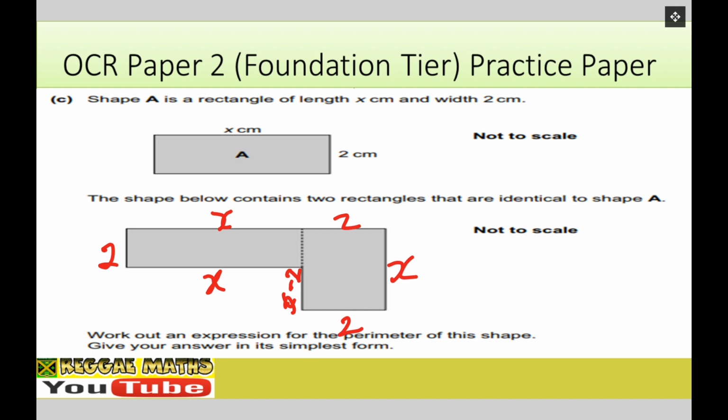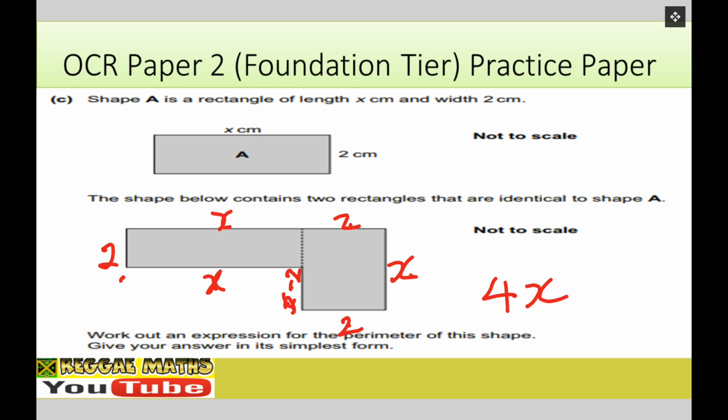So let's just collect all the terms now. We collect all the x's. So we have 1, 2, 3, 4 x's. So we have 4x. And we have 2, 4, 6.